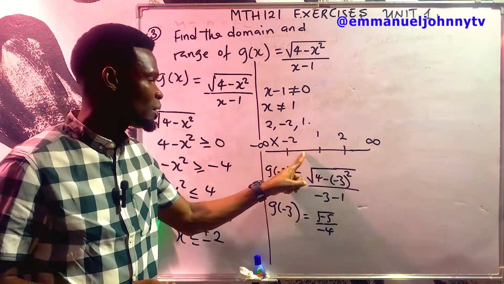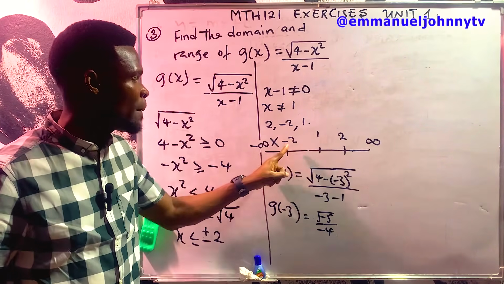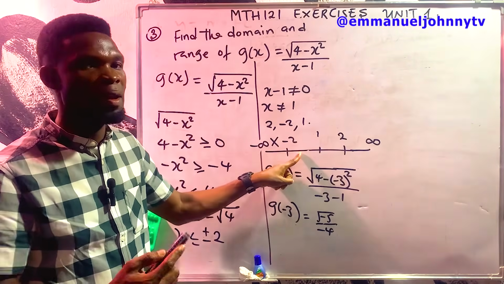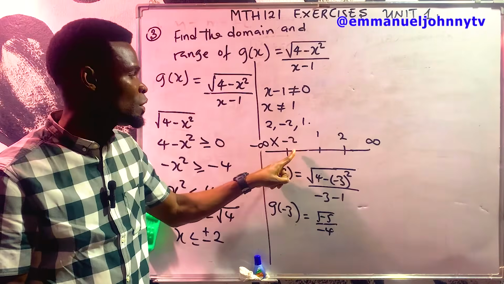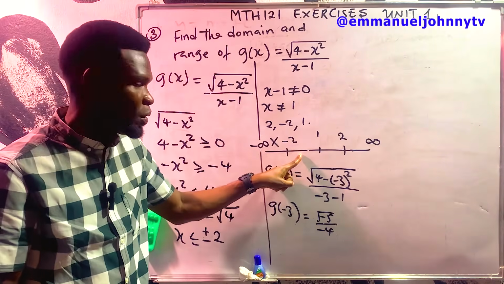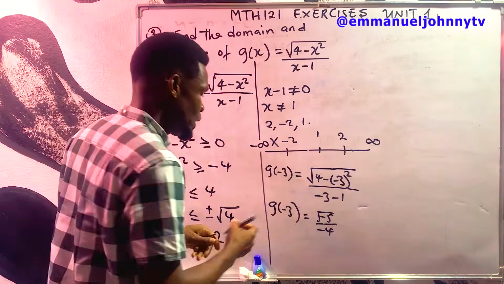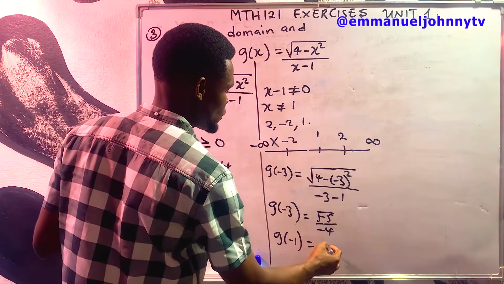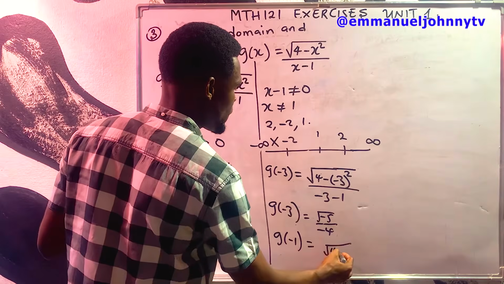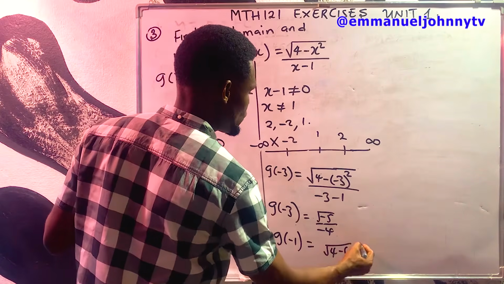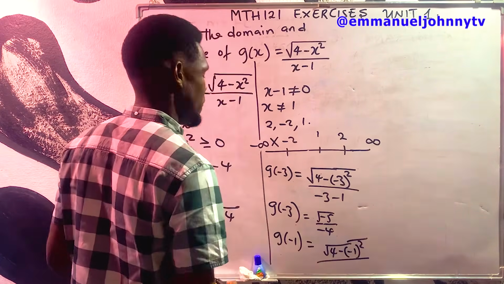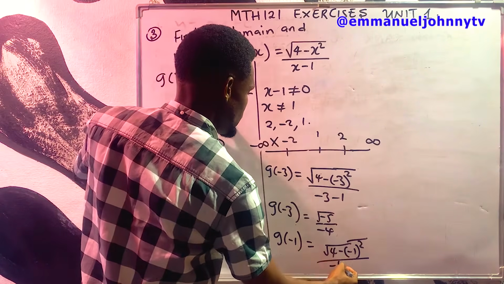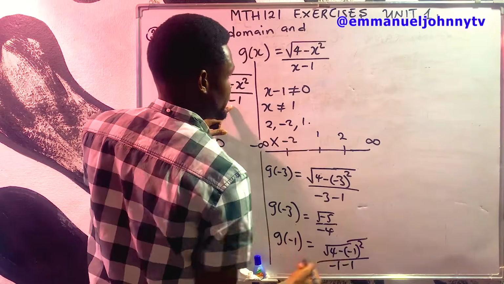Let's pick a point in this region now, between minus 2 and 1. Here I can have minus 1, I can have 0. So let's pick minus 1 if you like. So that means that g of minus 1 will be equals to square root of 4 minus minus 1 squared, all over x is minus 1, so minus 1 minus 1.